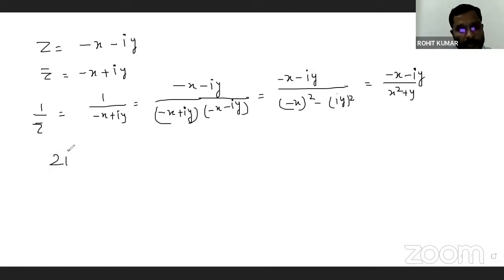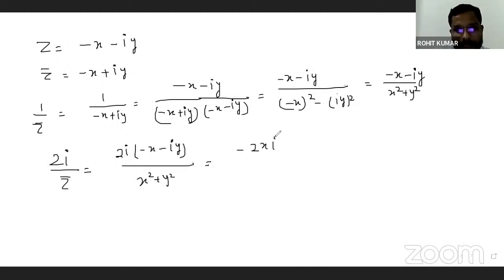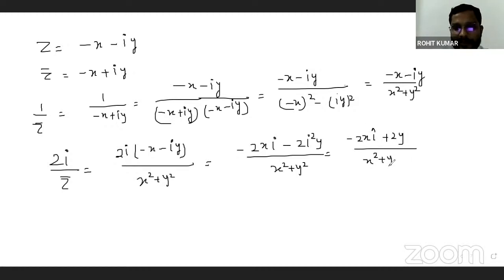So 2i upon z bar. This will become 2i times (minus x minus iy) divided by x square plus y square, which is minus 2xi minus 2i square y divided by x square plus y square, that is minus 2xi plus 2y divided by x square plus y square.